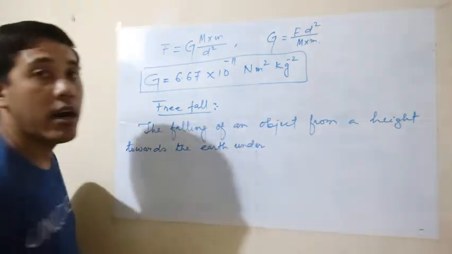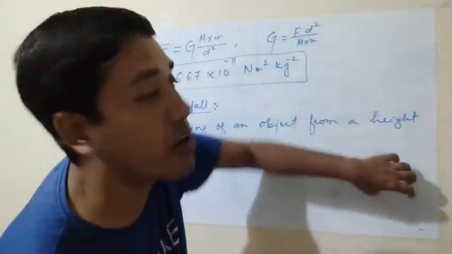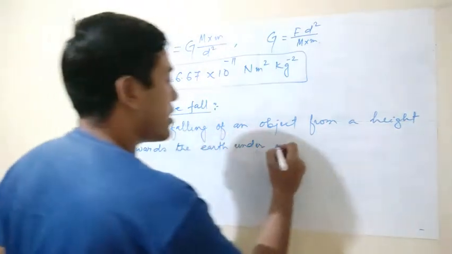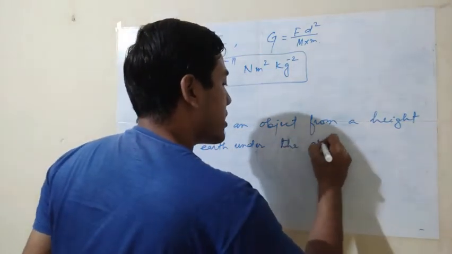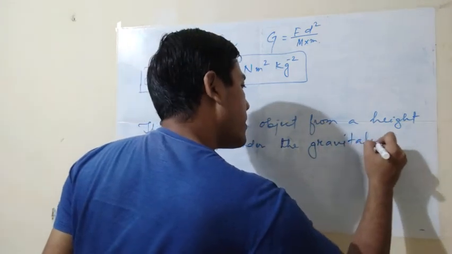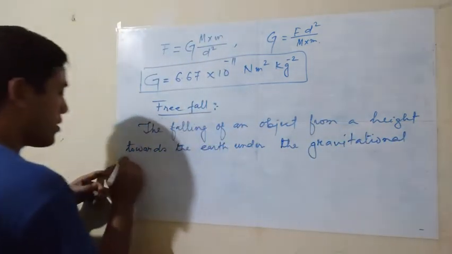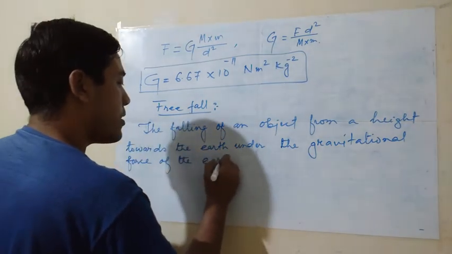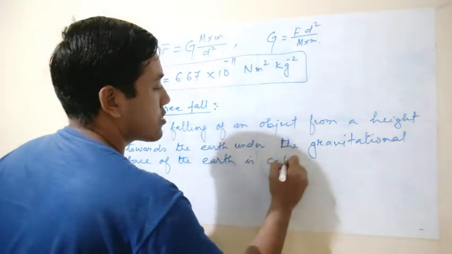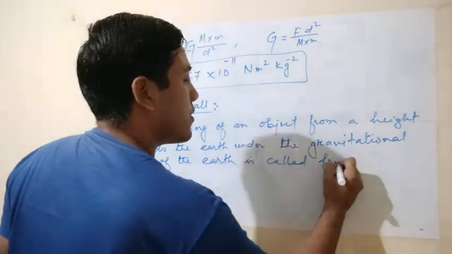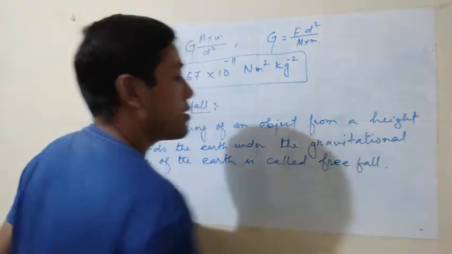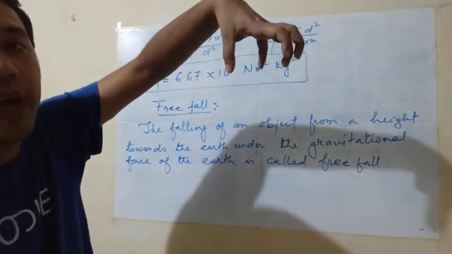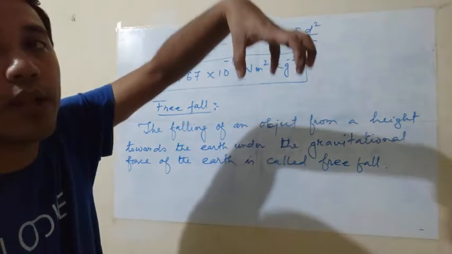Why is this apple falling down towards the earth? That is the more important part. The falling of an object from a height towards the earth under the gravitational force of the earth is called free fall.